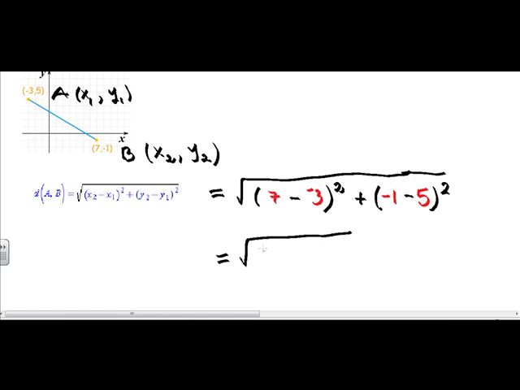So we got now 7 minus minus 3. The minus with this minus here cancel out and become a positive. So we got 10. Okay, 7 plus 3 is 10. Squared, plus minus 1 minus 5 is minus 6.